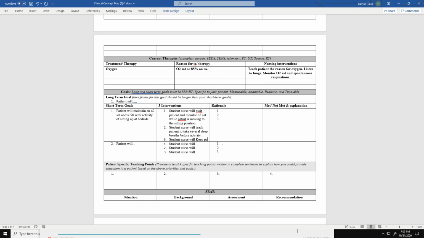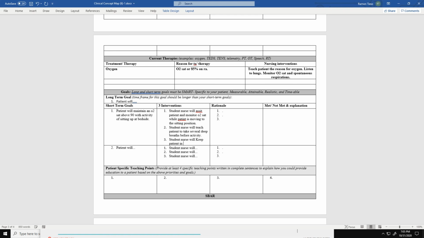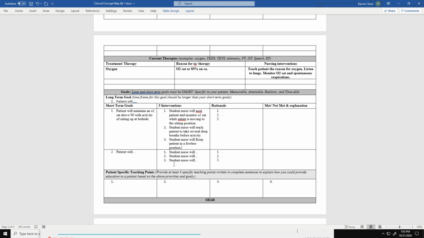Keep patient in a Fowler's position to decrease pulmonary edema.